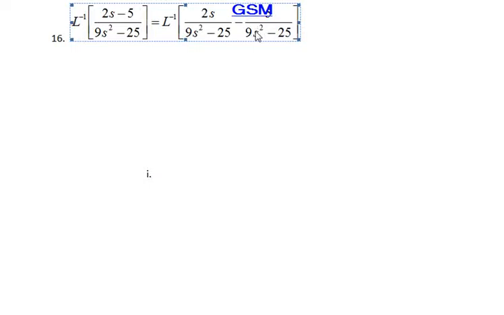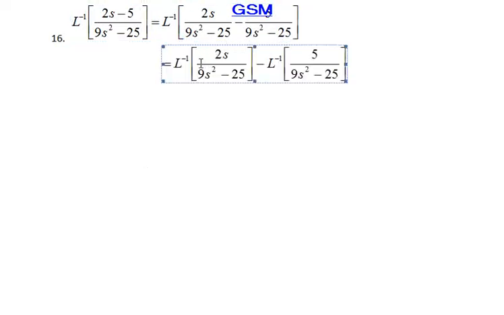Then separate the terms, that is L inverse of 2s by 9s square minus 25, this minus bring here, and remaining 5 by 9s square minus 25 to separate the terms.